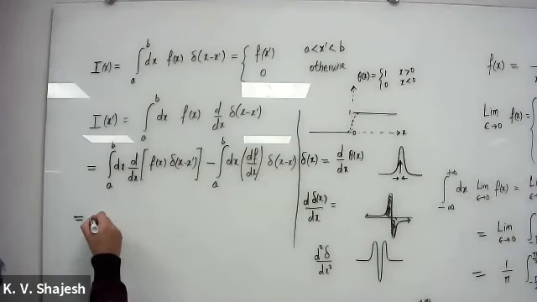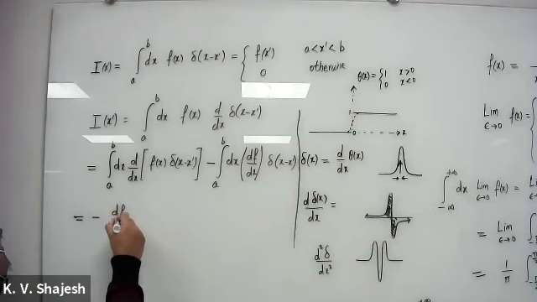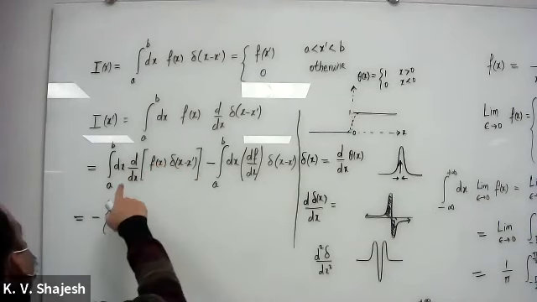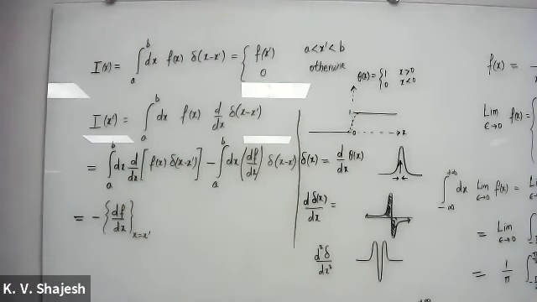So the second integral is simply derivative of the function evaluated at x equal to x prime. And the first part is a total derivative. So whenever you have a total derivative, it contributes only on the boundary.